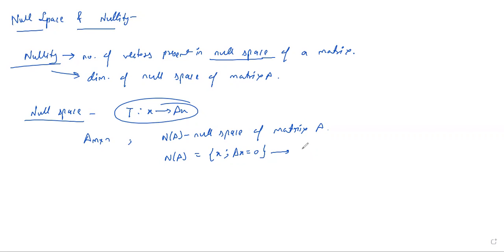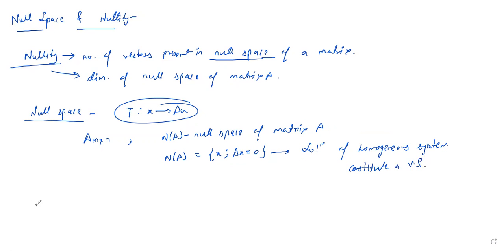Now this null space N(A) constitutes a vector space, because in the linear transformation we have seen that the solution of a homogeneous system forms a vector space.